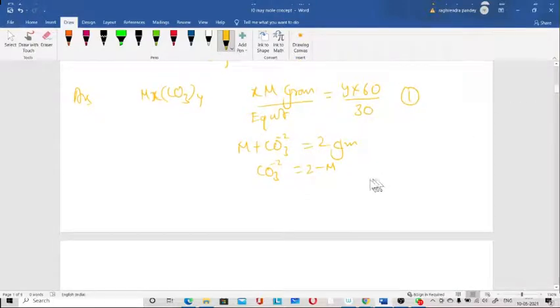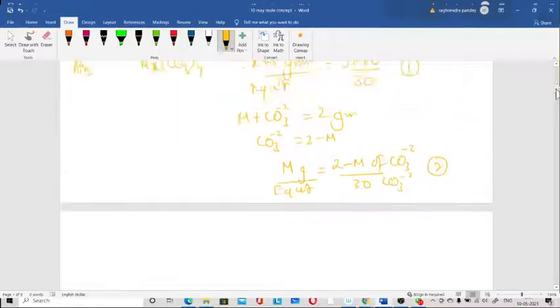Again, just to make you understand, m gram of metal is attached to 2 minus m gram of carbonate. Whatever is attached to 30 gram of carbonate, that is the equivalent weight of metal. Any confusion in this? Okay, so this is equation 2.